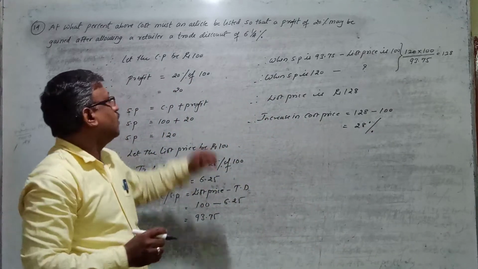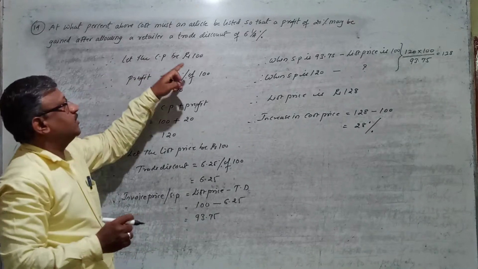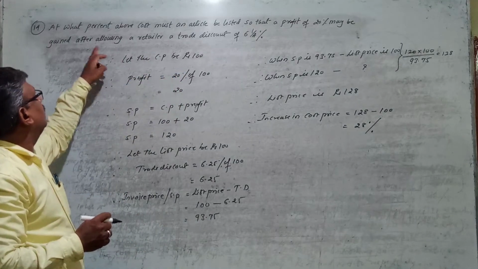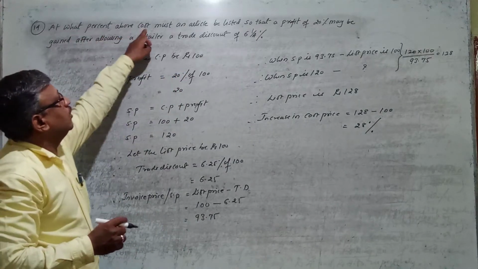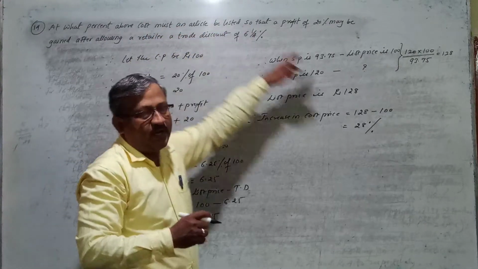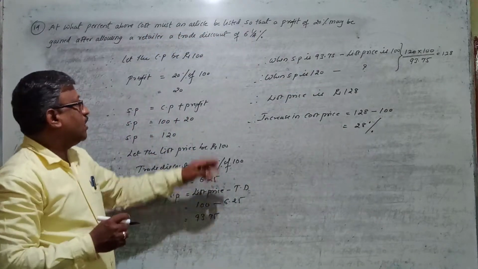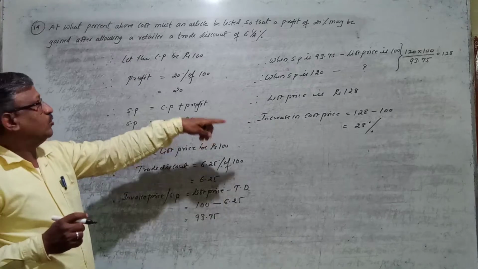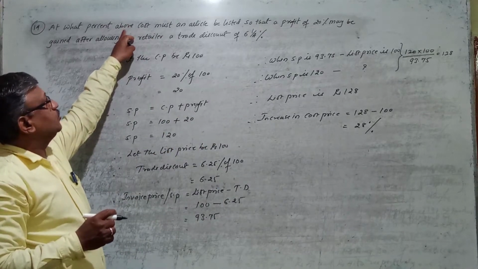Clear? So what they asked is, at what percent above cost must an article be listed. By how much percent does he have to mark his goods for sale?